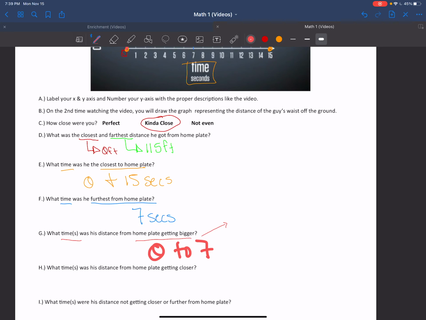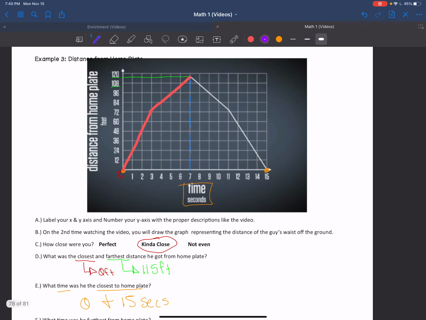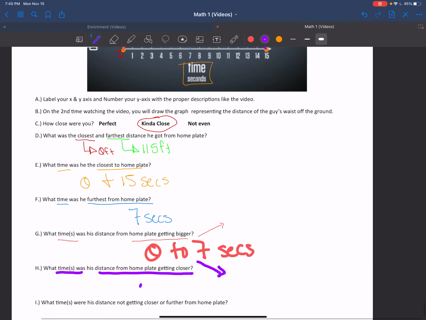Next up, when is the distance from home plate getting closer? So when is your graph going down? Well, that's from 7 seconds to, and some people like to stop here, but no, the graph is still going downwards. It's still decreasing. So that's from 7 to 15 seconds that it's decreasing.